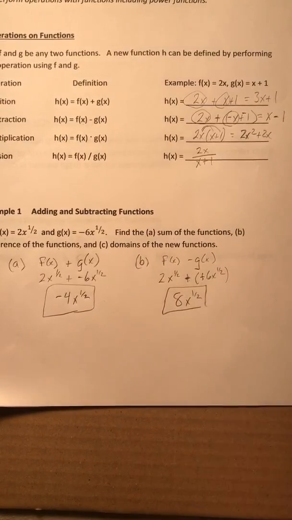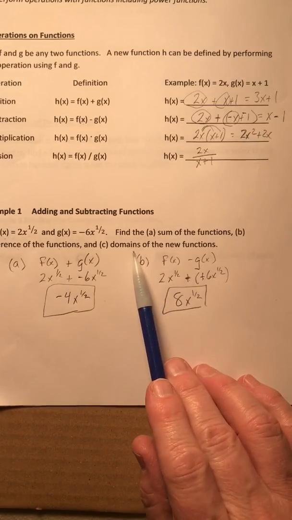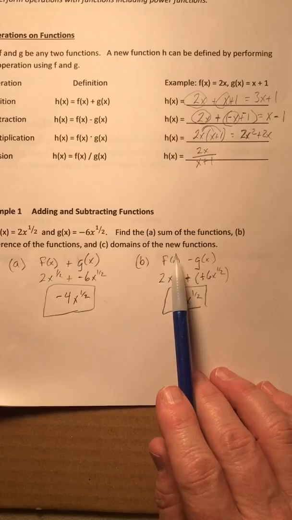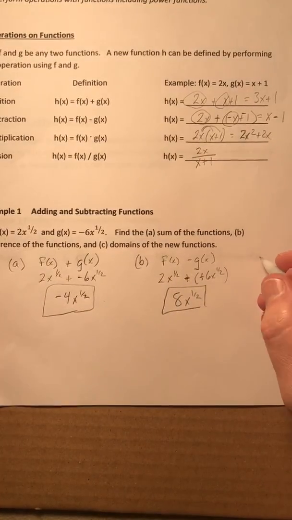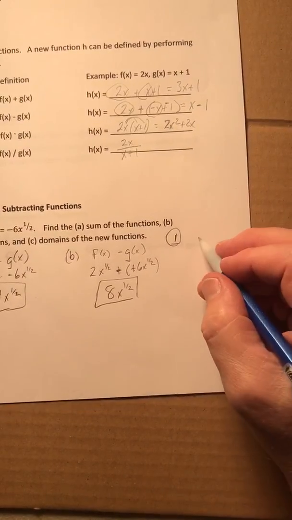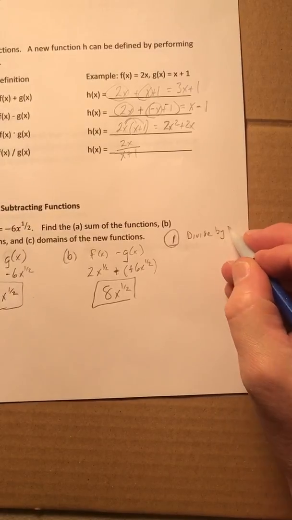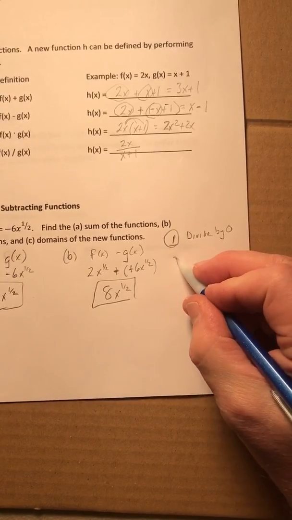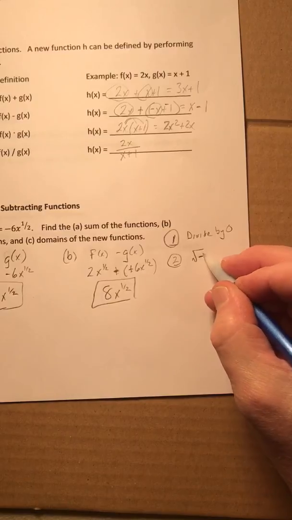Now, this is the thing that might throw some of you: the domains of the new functions. There are only two things we cannot do, and you have to remember them. One is that we cannot divide by 0. We get no real solution. The other is that we can't take square roots of negative numbers.